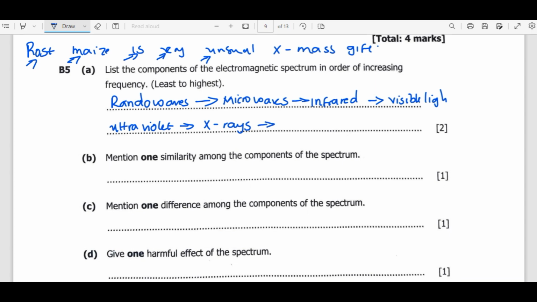From there, the last one is G, where we deal with gamma rays.